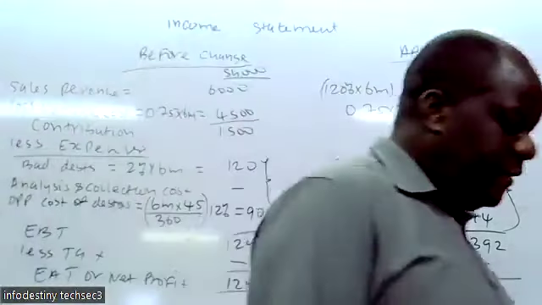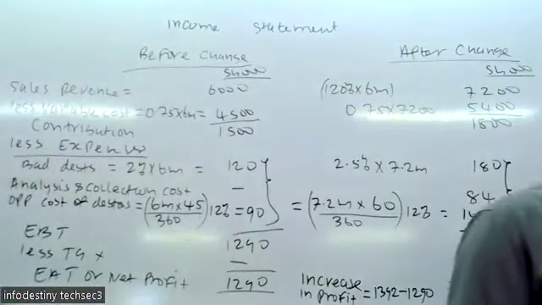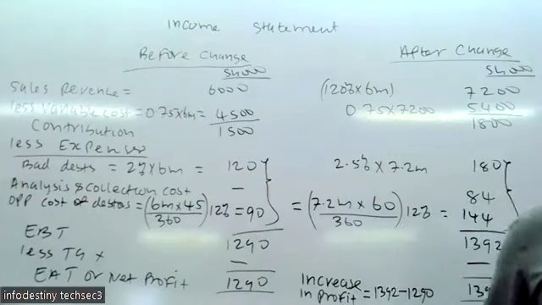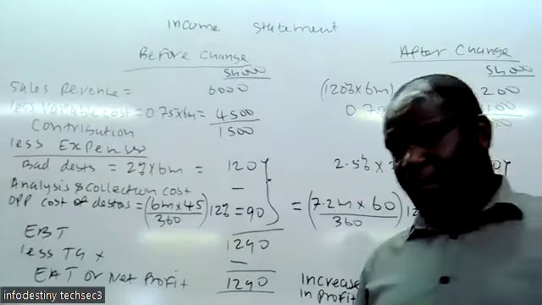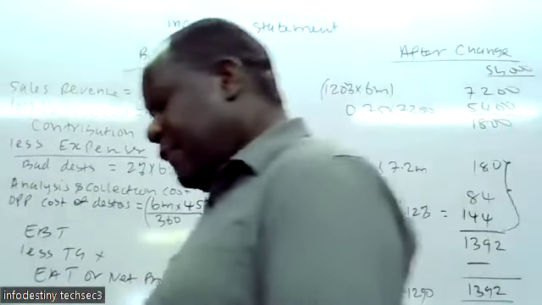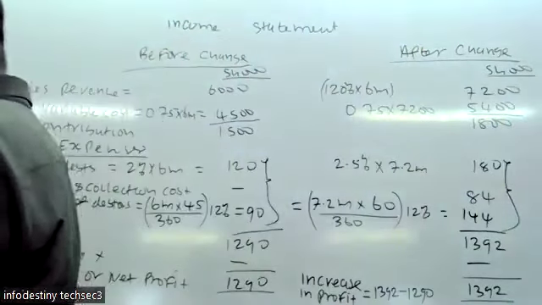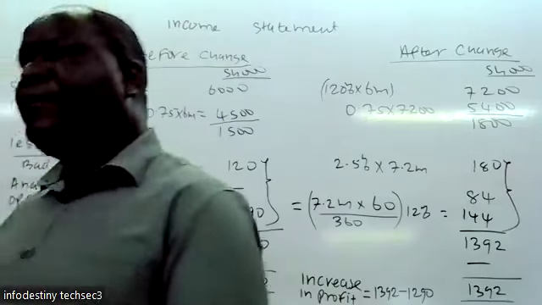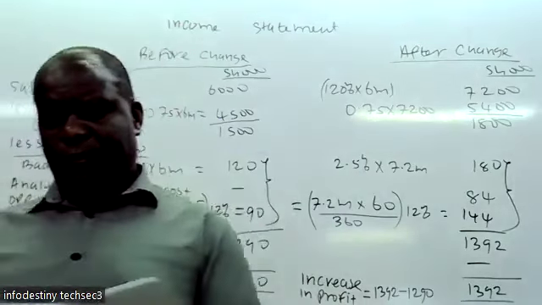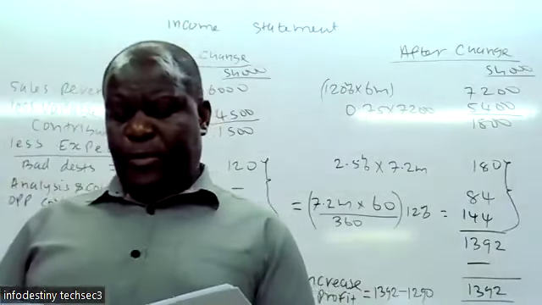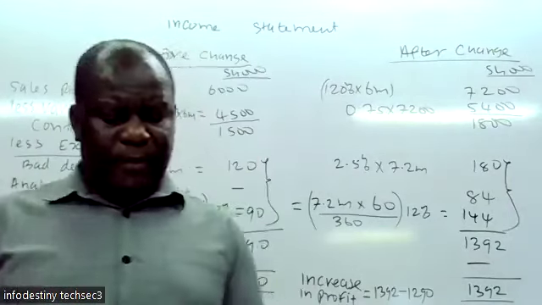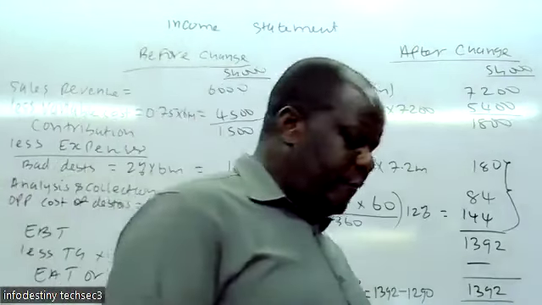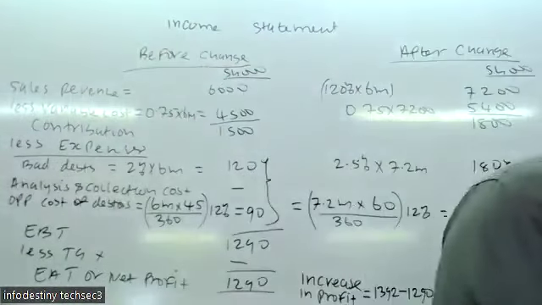If this change is effected, annual sales are expected to increase by 25% from the current level of shillings 12 million. The proportion of bad debts is also expected to increase from 10% to 15% of the credit sales.